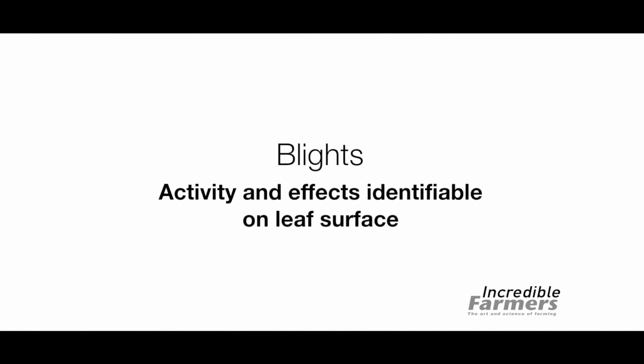So what happens in the case of blight? With blight, its presence and expression are two things. Blight, Alternaria, is always present on the leaf surface of a crop, but its expression depends on certain conditions in the crop. I'll give an example of a pregnant woman.